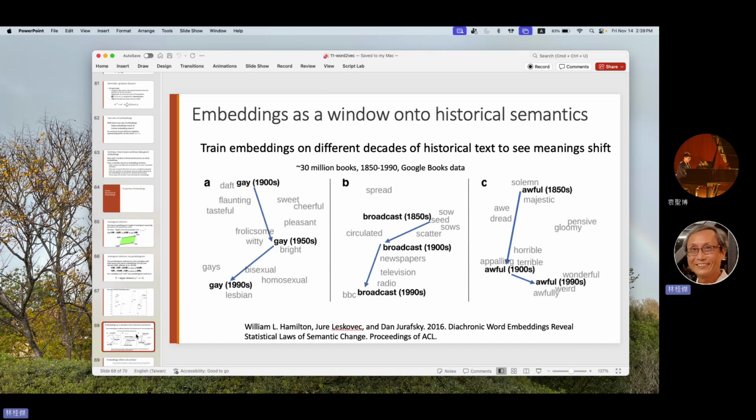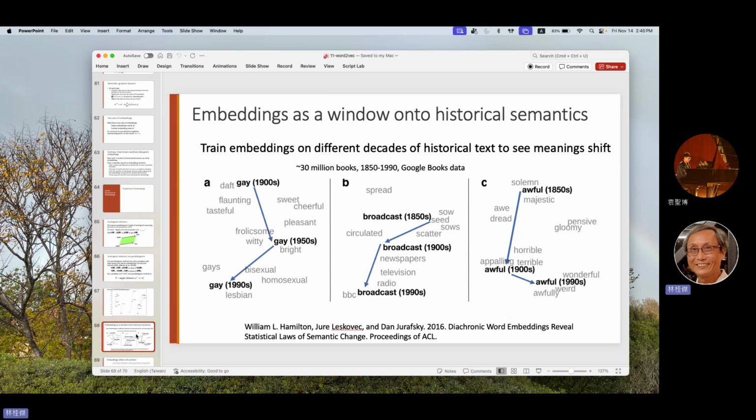Even though it's the same word gay, by looking at its neighbors and at the context it appears in, the word gay in the 1900s literature appeared closer to tasteful, sweet and cheerful. But in the 1950s, gay means bright, and it's closer to witty. But in the current literature, people use the word gay to be closer to lesbian, homosexual, and all these different things.